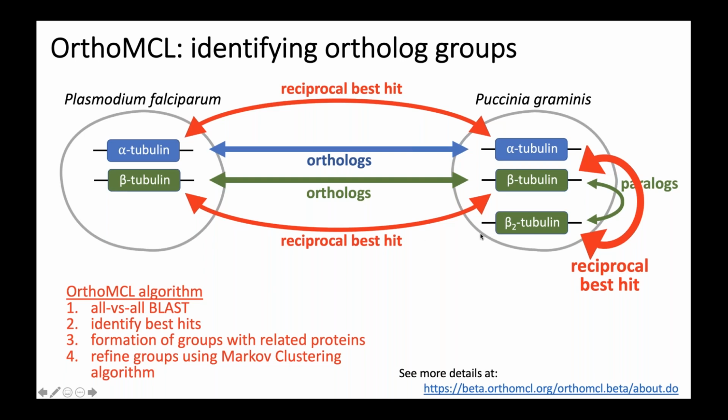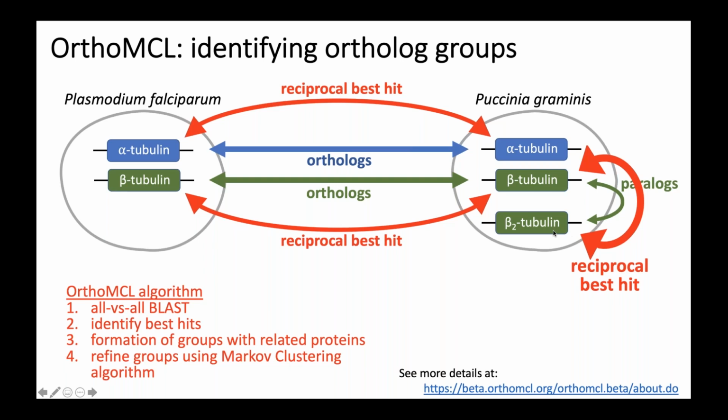So it's not clearly an ortholog. Beta 2 tubulin here is not clearly an ortholog to this beta tubulin because it's not a reciprocal best hit. But if I BLAST it against all the proteins in Puccinia, it actually is the best hit. If I take beta 2 tubulin, I'll get beta tubulin and vice versa. If I take this and BLAST against the whole proteome, I will get beta 2 tubulin.